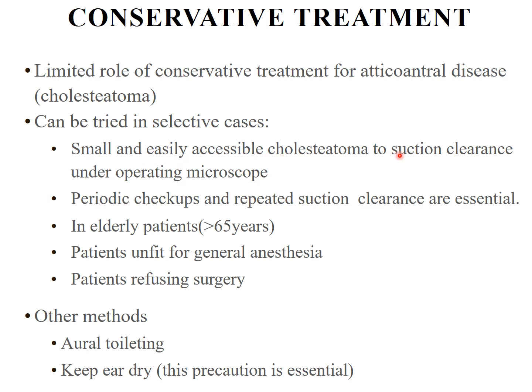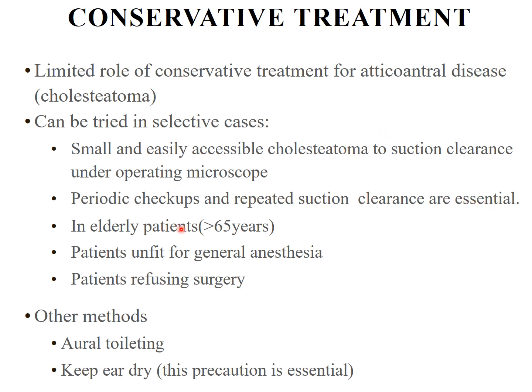So we do regular suction and cleaning under the operating microscope, and it has to be followed up monthly to see if it is progressing or not. Because if it is progressing, then definitely this patient needs a surgical procedure, and if it is not progressing, then regular suctioning will be enough for him. Periodic checkups and repeated suction clearance are essential in such cases.